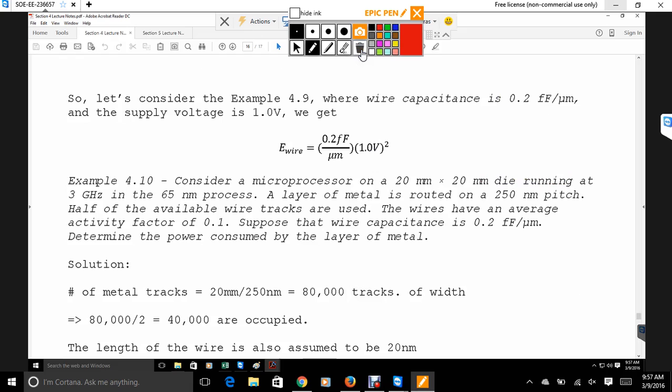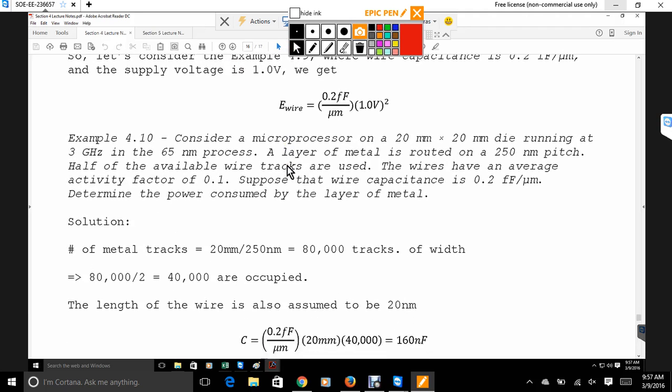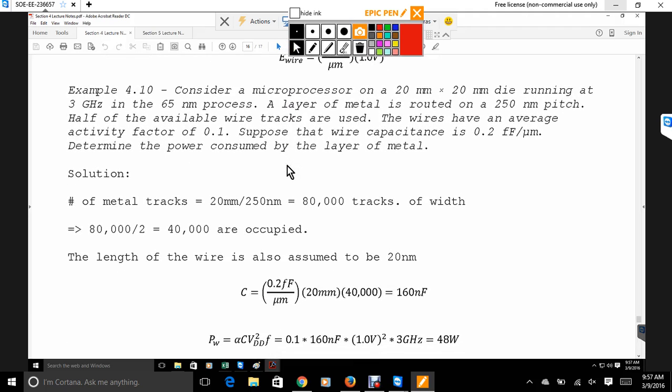In that case, we know that half of them are being used, so we cut it down to 40,000. Then we're going to figure out the wire capacitance. Since we've assumed that the wire is 20 millimeters because it runs the entire length of the area, our capacitance per unit length is 0.2 femtofarads per micrometer, and we know it's 20 millimeters.